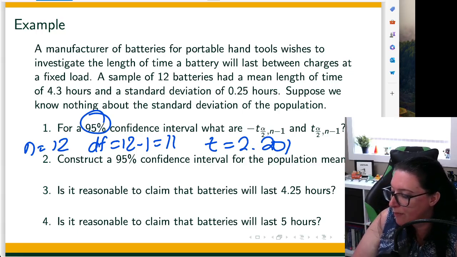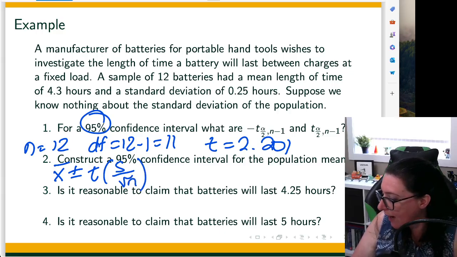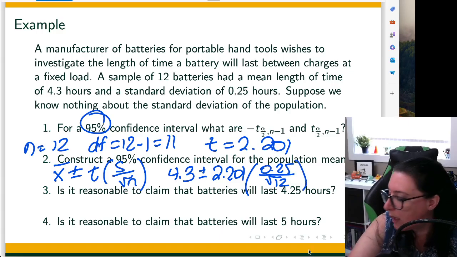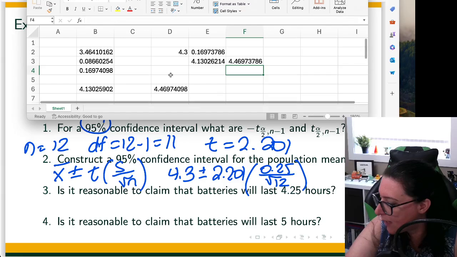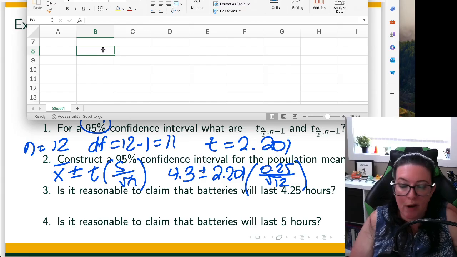Our confidence interval, remember, is x bar plus or minus t times s over the square root of n. So here we have a mean length of 4.3 plus or minus our t of 2.201. And then we have our sample standard deviation of 0.25 divided by the square root of 12. All right, let's pull up our Excel and do this calculation. We'll do the margin of error first.